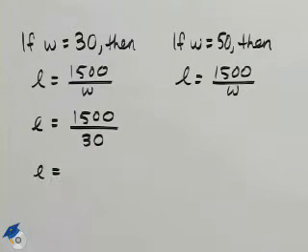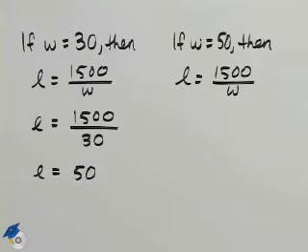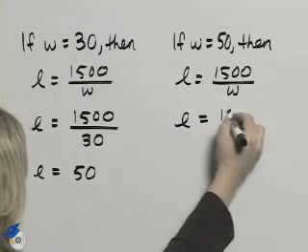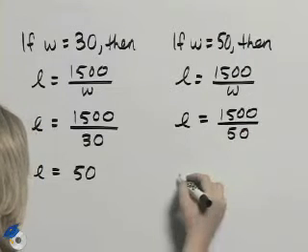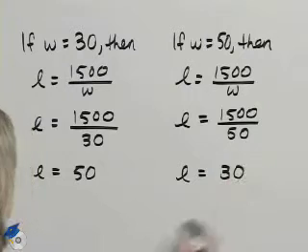Using our calculator, we'll find that that is equal to 50. So L is 50 when W is 30. When W is 50, we'll have 1,500 divided by 50. Using our calculator, we'll discover that L is 30.